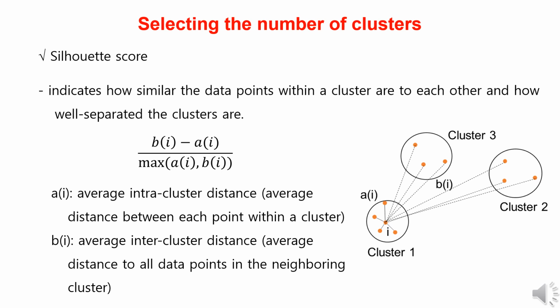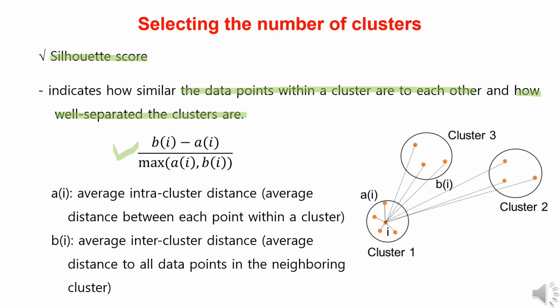Apart from the elbow point method, another way to determine the appropriate k in k-means clustering is through the silhouette score method. The silhouette score method can be useful when finding the elbow point is not clear-cut. A well-formed cluster implies that data points within the same cluster are close to each other, while being far from data points in other clusters. Therefore, the silhouette score is calculated using the following formula.